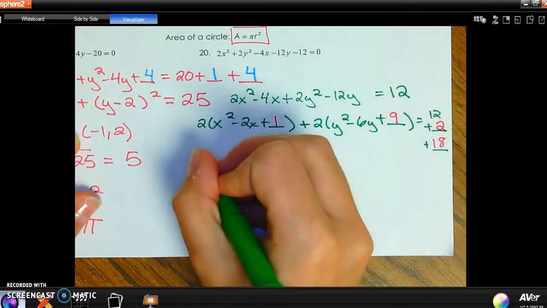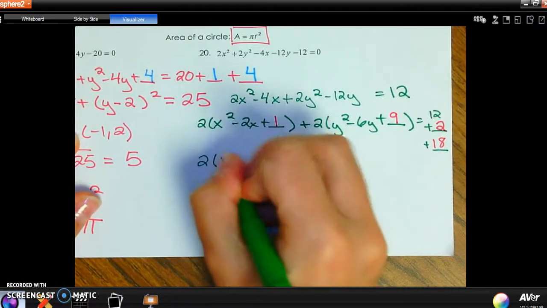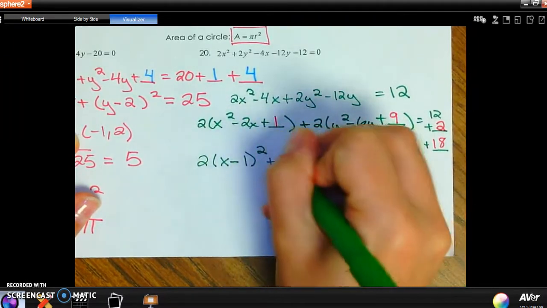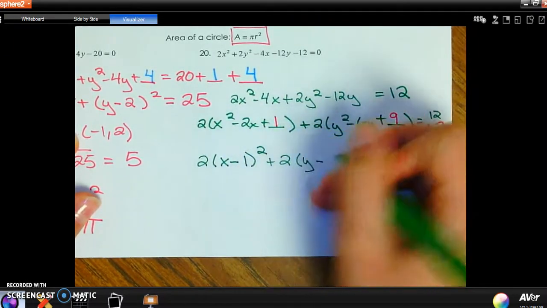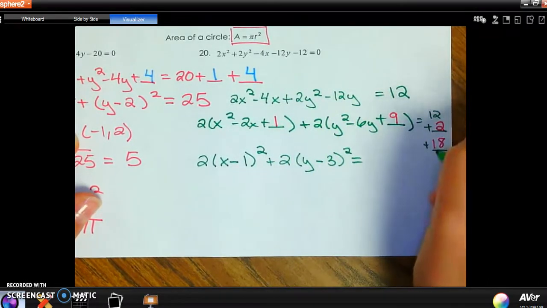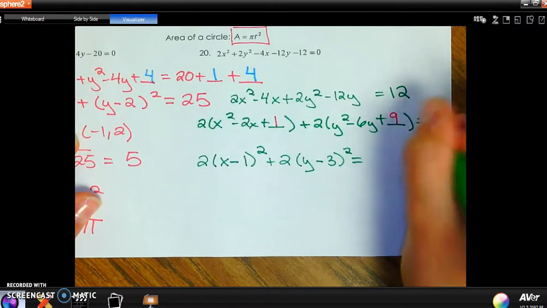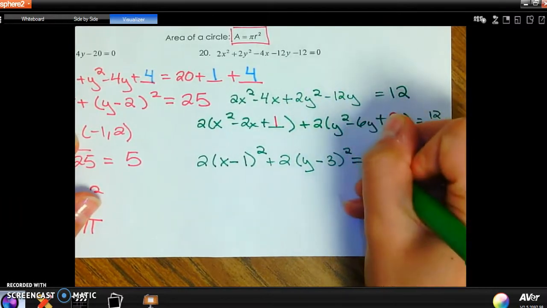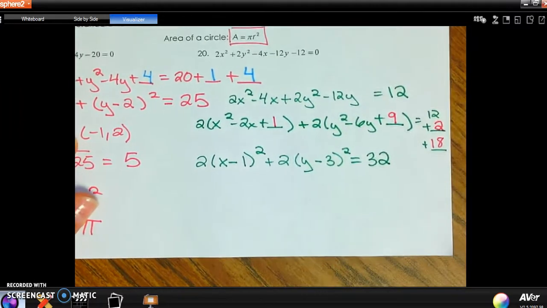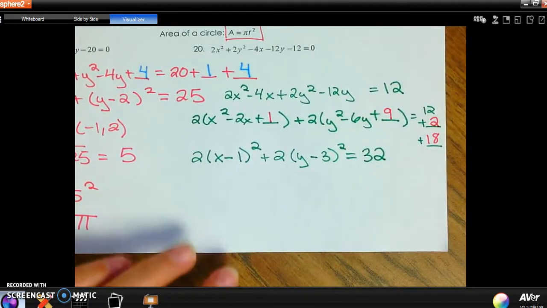Okay, so now to rewrite it, this 2 just comes down, and it's still x minus 1 quantity squared plus 2y minus 3 quantity squared equals, you still have to clean that up. So you get 20 plus 12, so you get 32 there. And when you look at this, you're like, oh, that's not very nice.